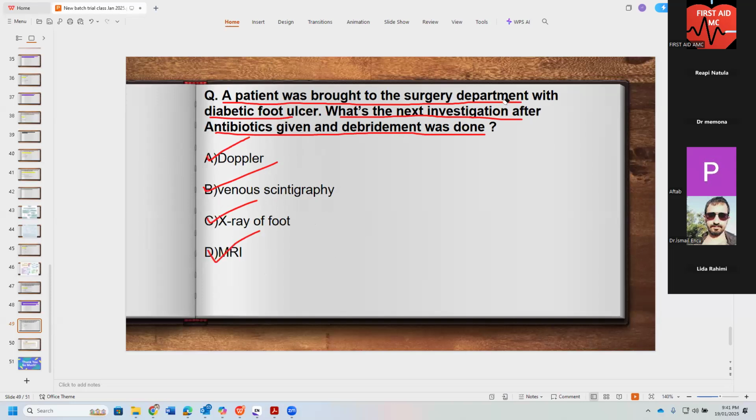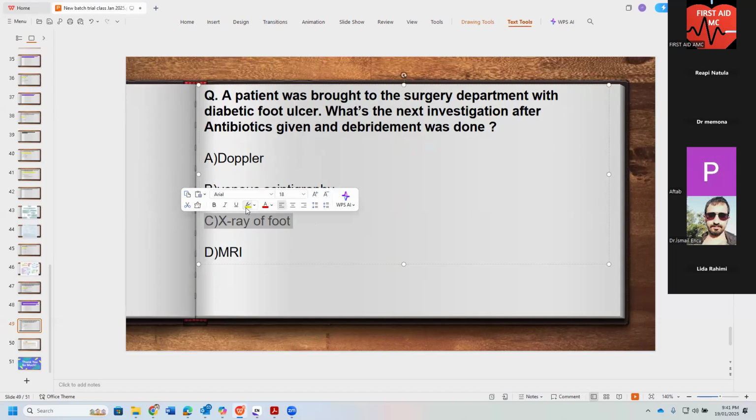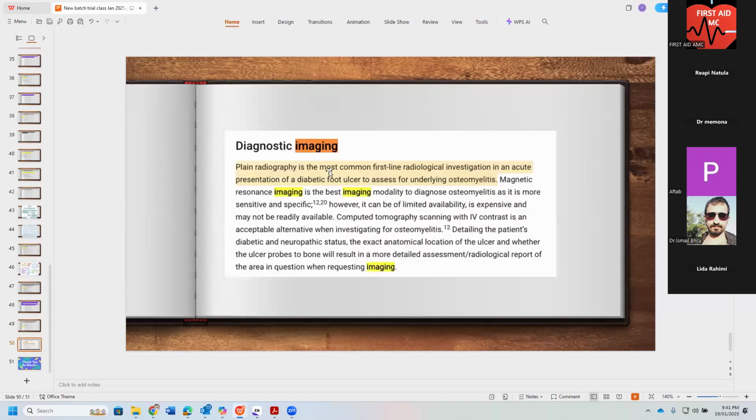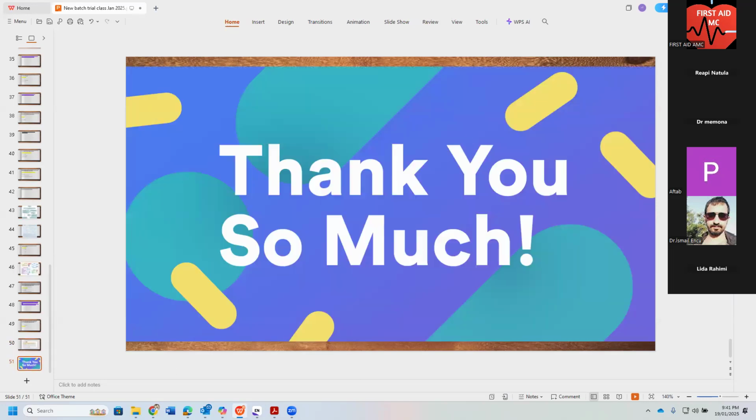I think I discussed it with you guys yesterday as well. In a diabetic foot ulcer, what is the first imaging that we do to rule out osteomyelitis? It's the X-ray. If there are findings on the X-ray that might indicate signs of osteomyelitis, what is the next imaging we do? MRI. Very good, guys.